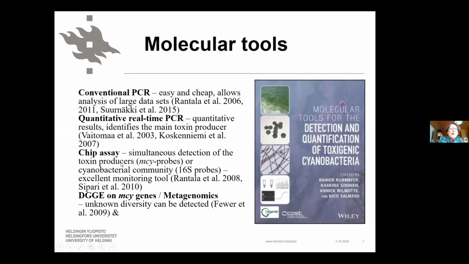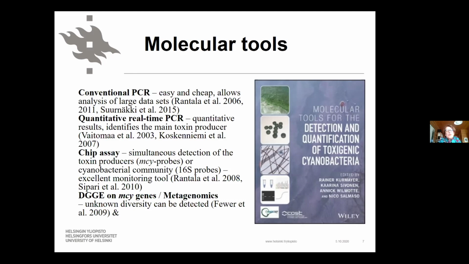Then we also developed a chip assay where we could simultaneously detect toxin producers based on microcystin synthetase probes, and what cyanobacteria are present based on 16S rRNA probes. And we regarded it as a very nice monitoring tool.